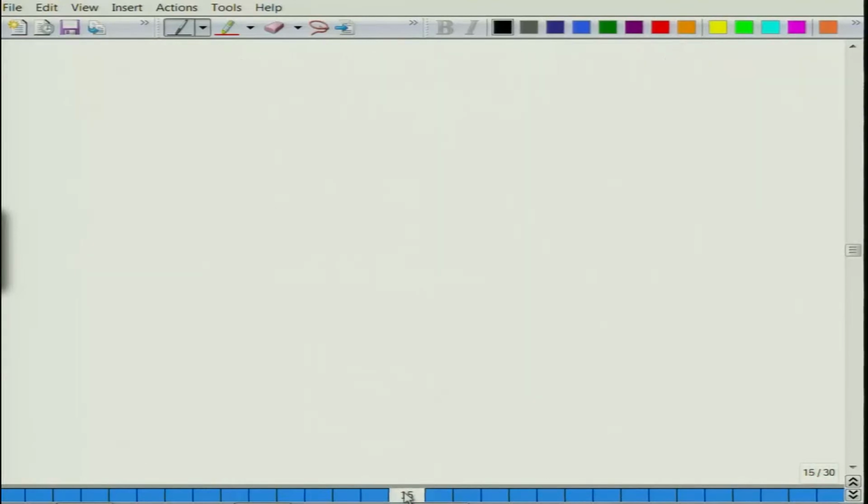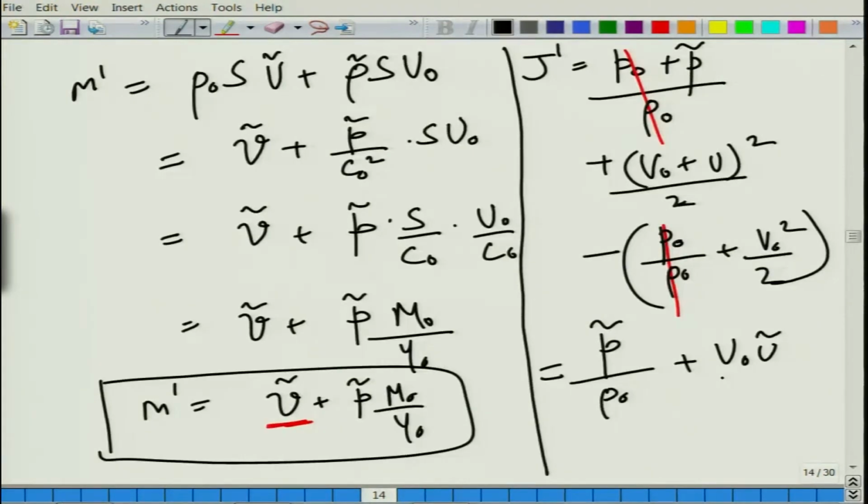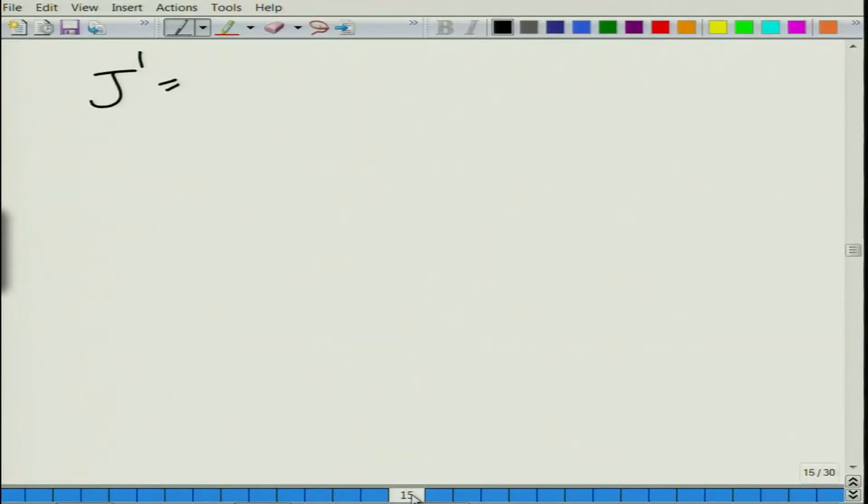I need to go to another page and simplify what we just saw here. So, u naught can be written as M naught into c naught, is it not?